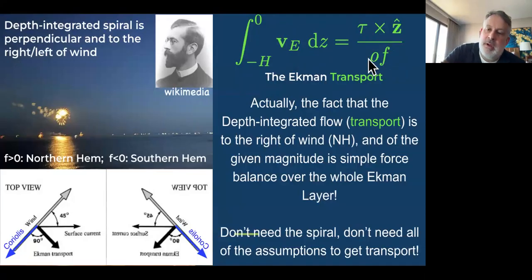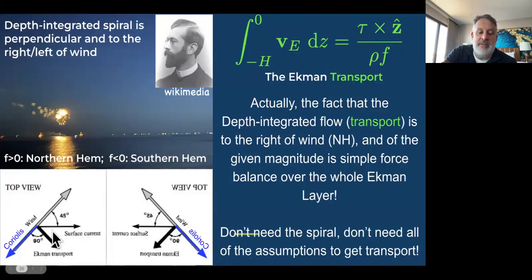So tau over rho is the boundary condition on the kinematic viscosity times dV extra dz. So this is the Ekman transport written out as an equation rather than as a force balance.